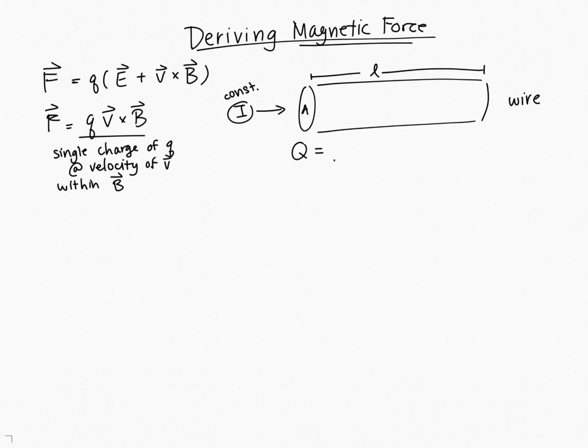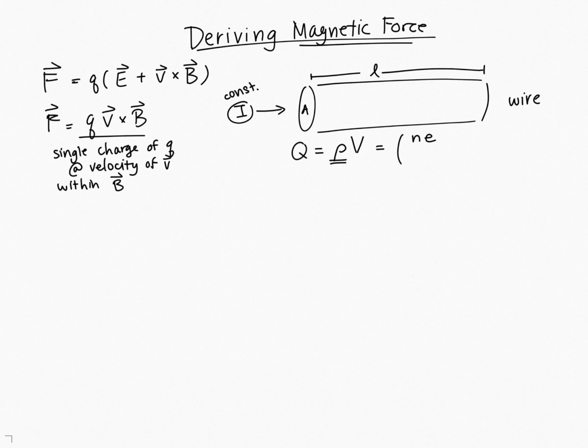Well, we can consider it to be some kind of density constant, rho, times V, which in this case is going to represent the volume. So for our density constant, it's going to equal the number of charges per unit volume. So we have the number of charged particles in that volume times the charge on each particle.